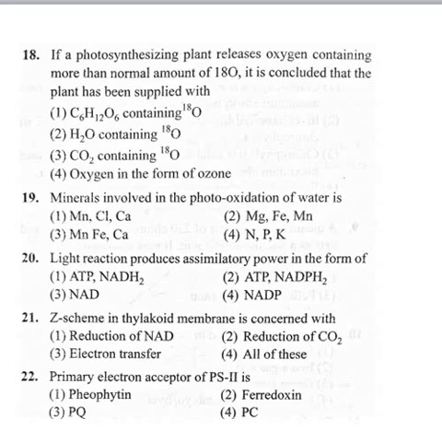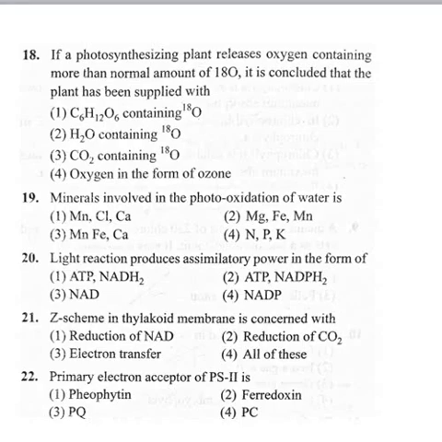So adenosine triphosphate and nicotinamide adenine dinucleotide phosphate. So ATP and NADPH2 are the right answers. So 20th question, second option is the right answer. So light reaction produces assimilatory power in the form of ATP and NADPH. Coming to the 21st question.